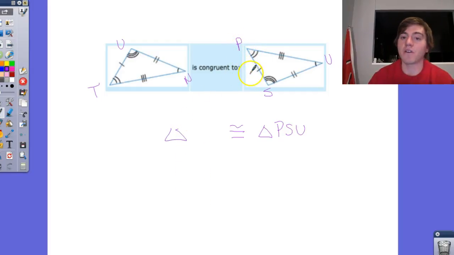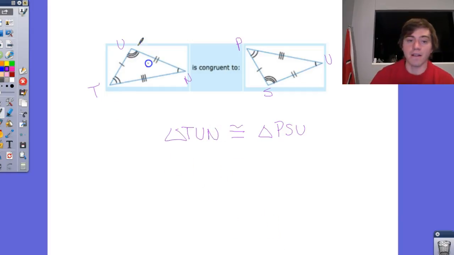Well, this one's a little harder because it's in a little different orientation. So P is the one at the angle in between sides 1 and 3 that has the angle 2. So that's here for T. T, and then I went to S, so that's the angle 3. So that's U here, UN.